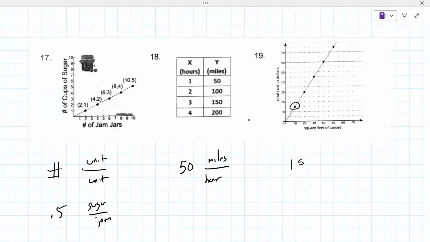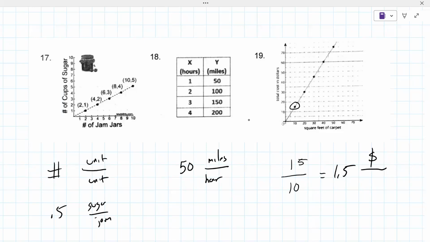That's 1.5, and that's the y units over the x units. What are the y units? Dollars.